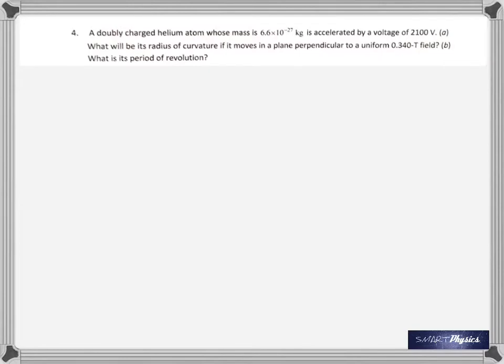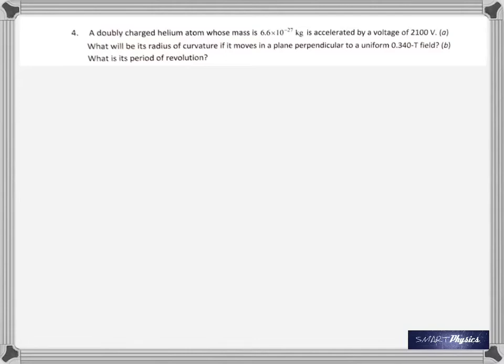Now, by definition, if an electron is accelerated through 1 volt, it will have a kinetic energy of 1 electron volt. So to find the kinetic energy of the particle, all you got to do is multiply its charge with the voltage through which it is accelerated.